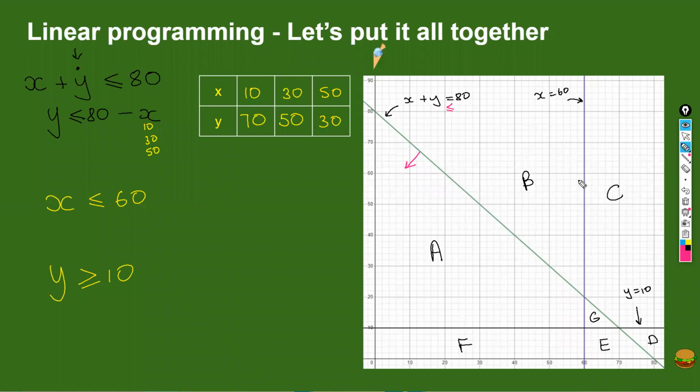For the vertical line, you notice it was a less than. For vertical lines, if it's less than, you shade to the left of the line. So we have some purple shading coming this way. But for the horizontal line, it was a more than, so we shade over here, above.